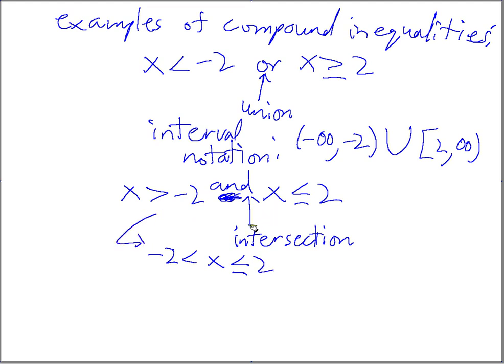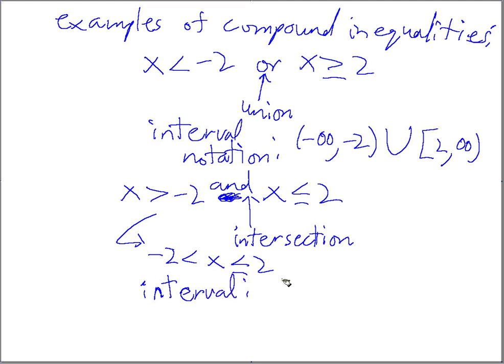So we can interpret the intersection with what's called a double inequality here. This is called a double inequality. We'll talk about solving this in a moment here. But again, let's go ahead and take a look at the interval notation on this guy. So well then, interval notation will be what? Everything between negative 2 and 2, but including the 2, right? So interval notation. Oops.